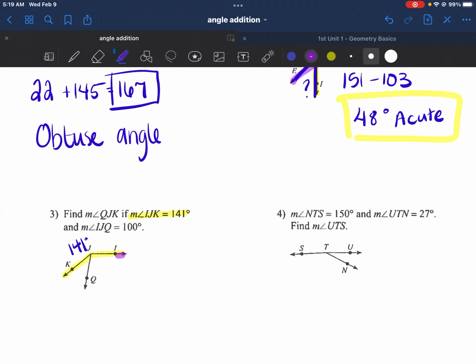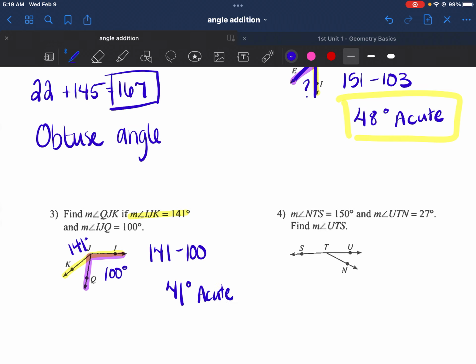We have IJQ. That's 100 degrees. That means I need to figure out what number, when added to 100, will give me 141, which we already should know because we are high schoolers and we are powerful scholars. So we should know the answer is 41. And we know that because it's going to be an acute angle, and 41 plus 100 is 141.